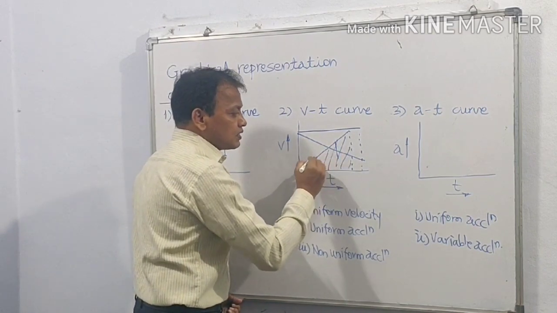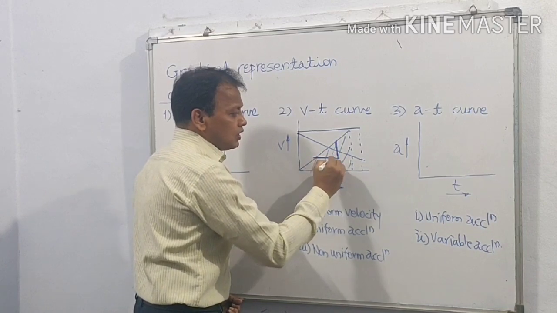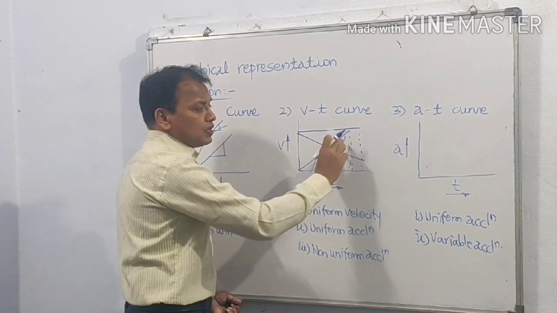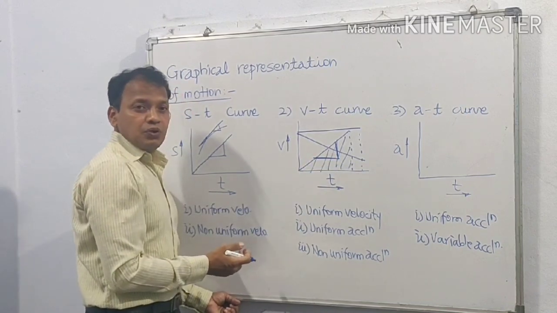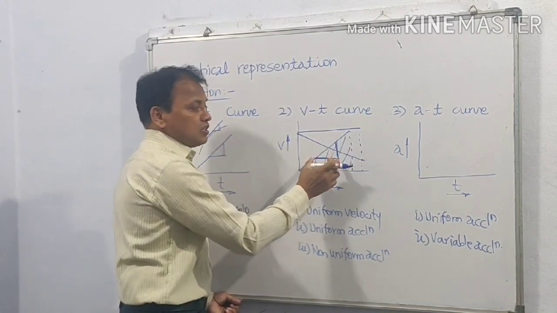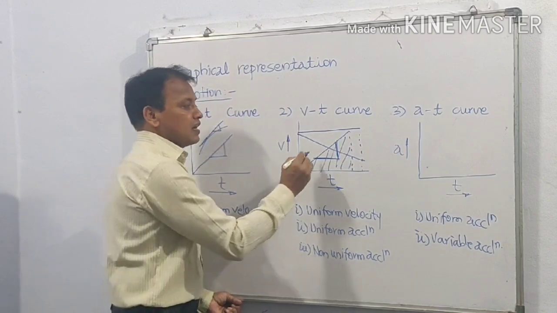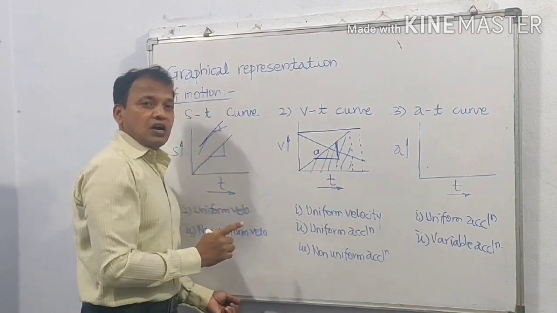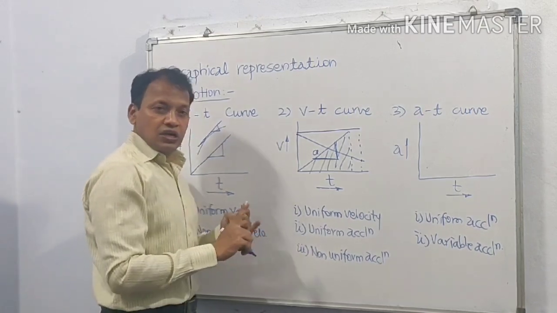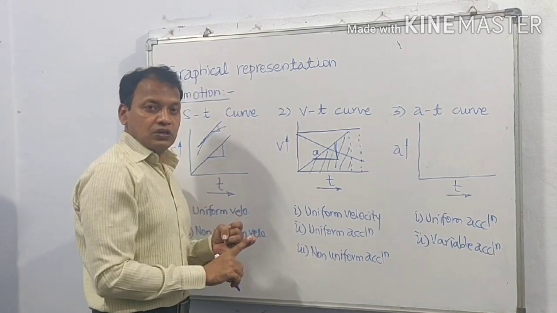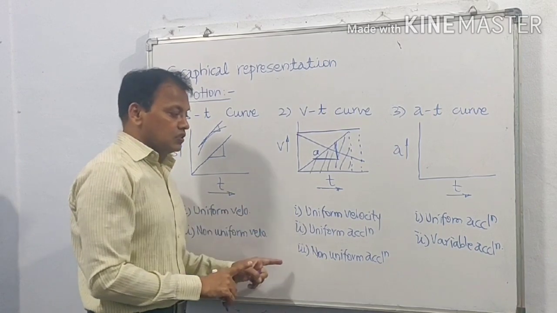So here the area under the graph in case of the VT curve will give us displacement, that is distance traveled. And if the slope of this graph is found, this is V and this is T. So V upon T, change in velocity upon time, that is acceleration. So the slope of the graph in case of the VT curve gives acceleration, and the area under the graph gives displacement or distance traveled. This is important.